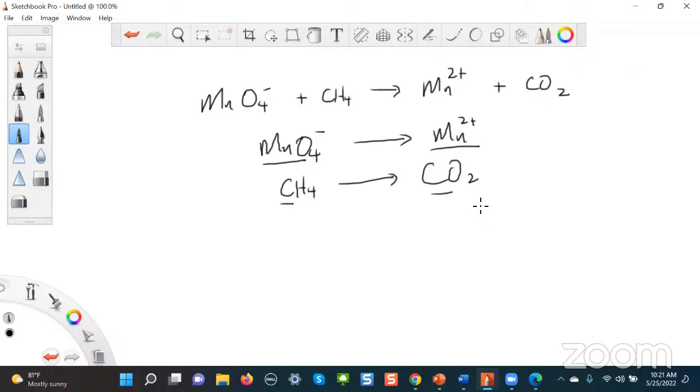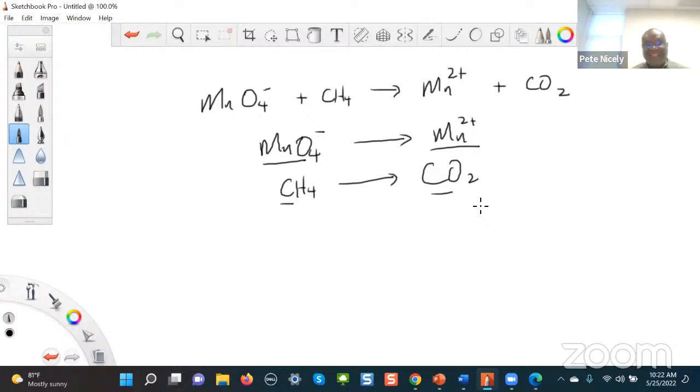Do we count the charges? Nope. Before that, we're going to get to that eventually, but there are at least 2 steps before that. We balance the number of oxygens and we make the oxygens on each side equal.